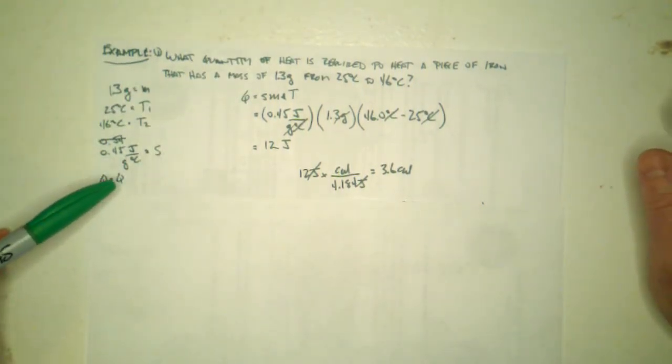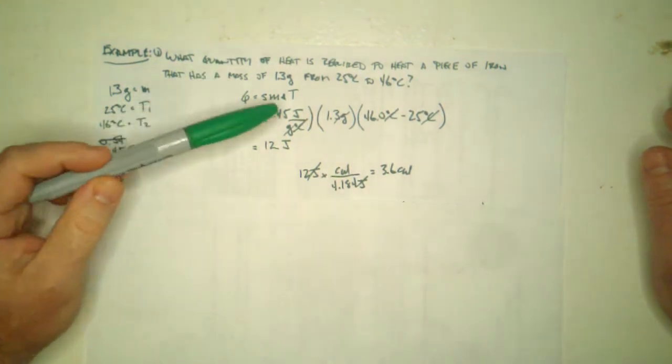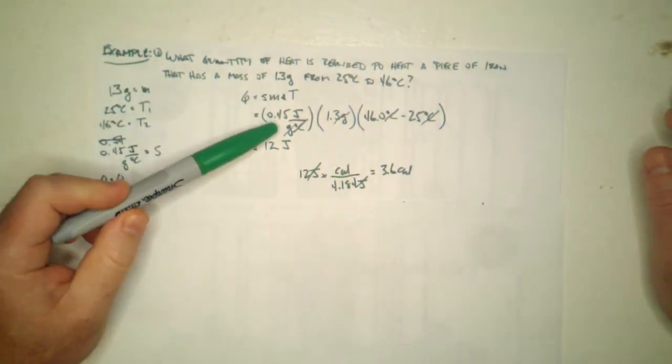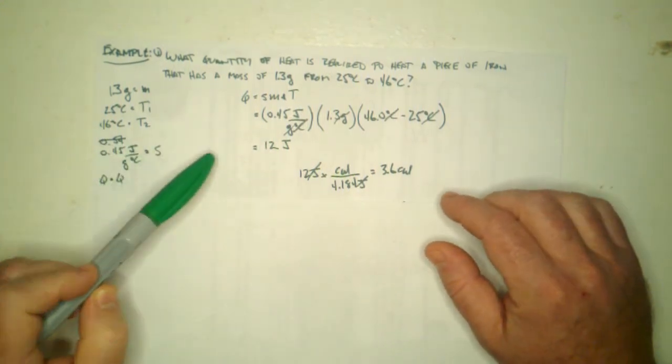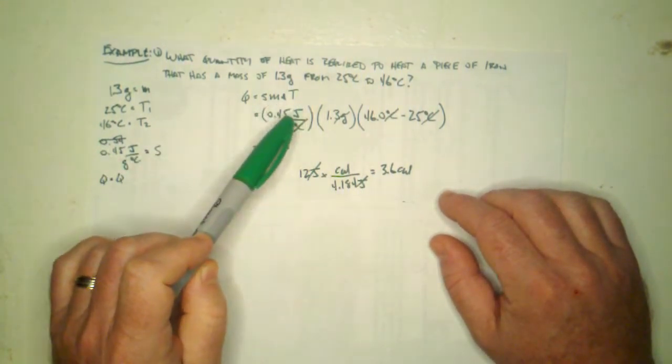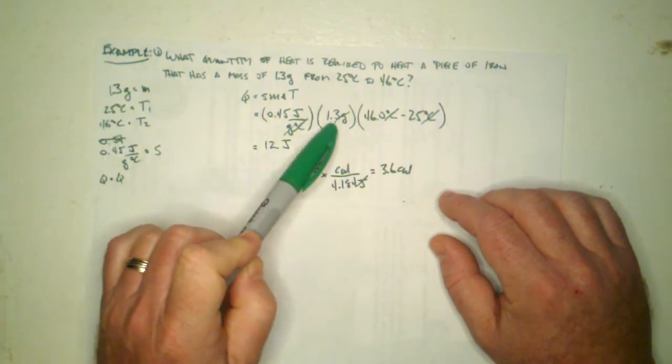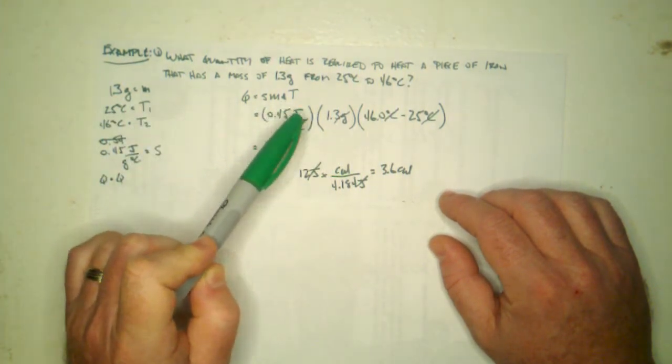That's what we're asked to find. So the formula, Q equals S M delta T. The specific heat is 0.45 joules per gram degree C. We plug that in. M is mass. We put that in.